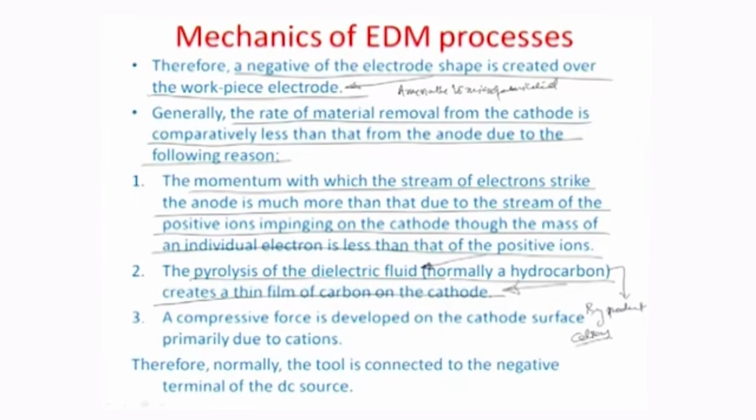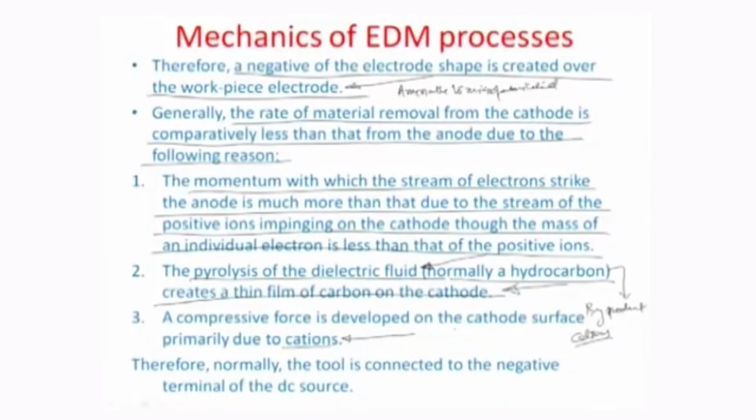At least the cations that we are talking about are much heavier than the electrons. So this compressive force is developed because of the high momentum of the cations rushing towards the cathode. Therefore, if there is a high pressure because of the ion flux on the surface, there is a tendency of the material which is melted away from the cathode to not go into the dielectric medium, because of that pressure.